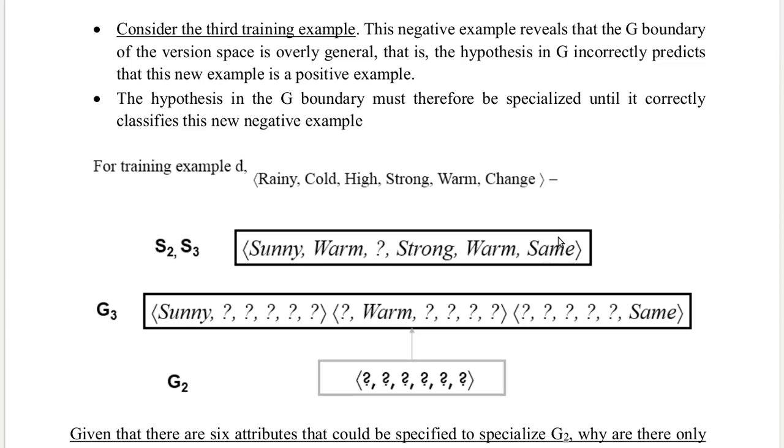So if I want to make that a positive example, then I have to update it as same. So the G must contain the last attribute as same. Initially my G2 was all question marks. Now my G3 is updated with the sunny, warm and same hypothesis.